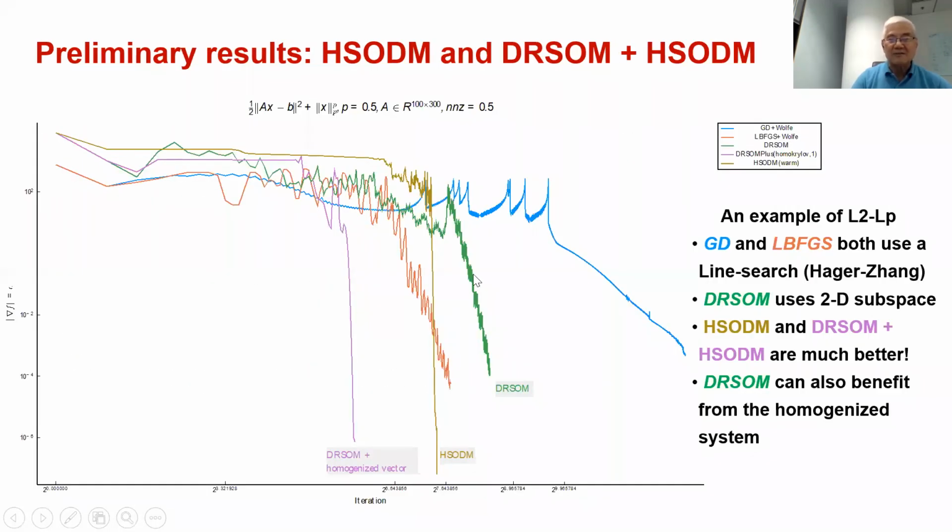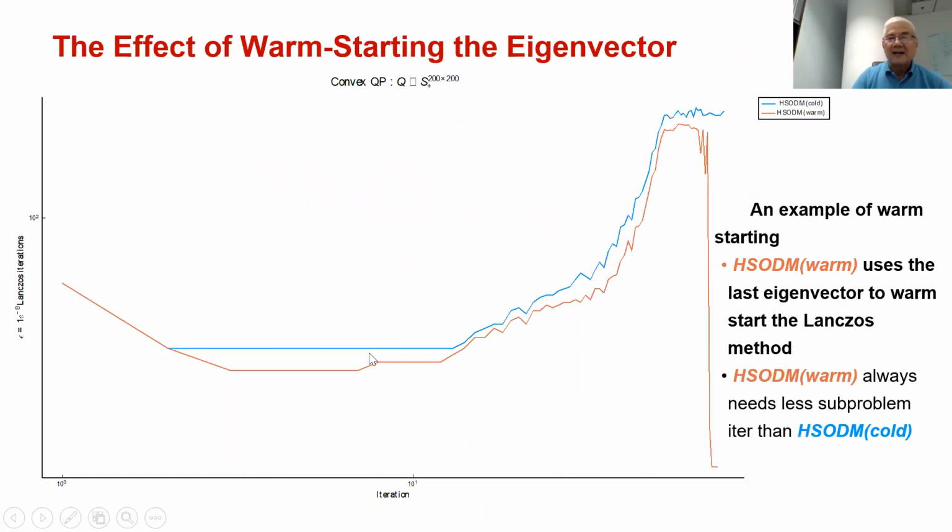This uses DR-sum, and this uses the homogeneous second order descent method. We combine them together to solve certain non-convex problems, and then you can observe superlinear convergence. Also, you can use a warm start to compute the eigenvectors, because the matrix does not change too much.